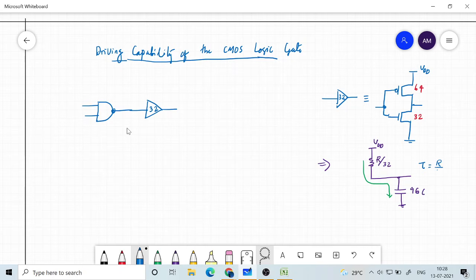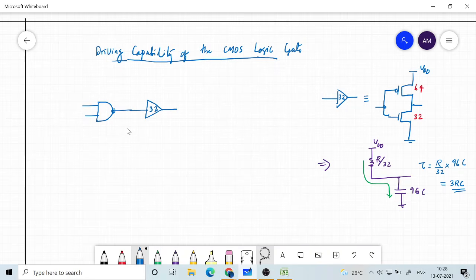That means R by 32 into 96C. What is that? It amounts to 96 divided by 32. That is 3RC.